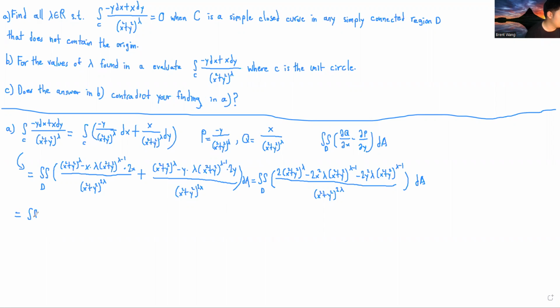Okay, so d, 2 times x squared plus y squared to the lambda minus, let me think, right, minus 2, you could see this for yourselves, x squared plus y squared times x squared plus y squared to the lambda minus 1 times lambda.